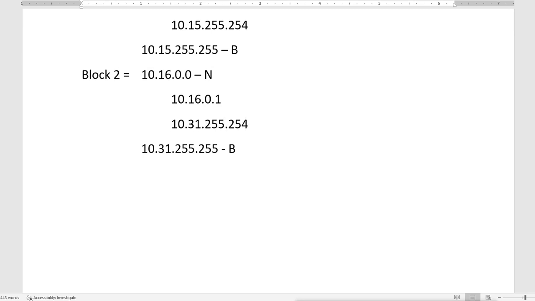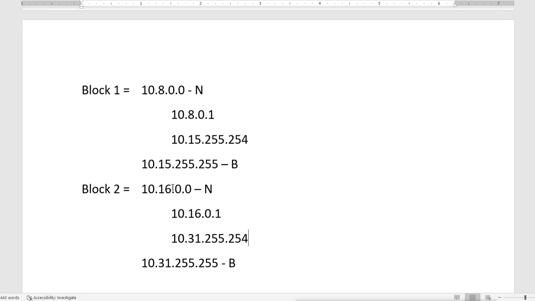After 254, the next IP will be 10.31.255.255, and then the block will end here, and the next block will start from 10.32.0.0, and then when you add 8 more here, it goes from 32 to 40. 40 means 1 less, and it becomes what? 39. So that's how these blocks will be created.